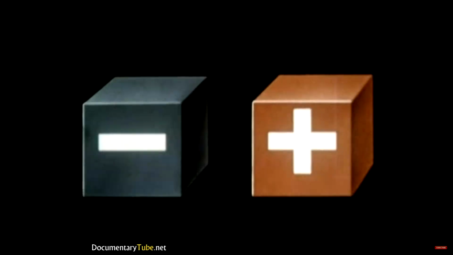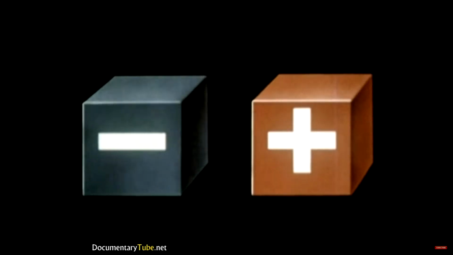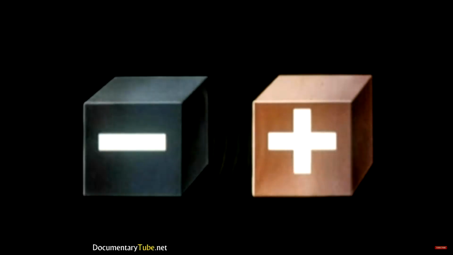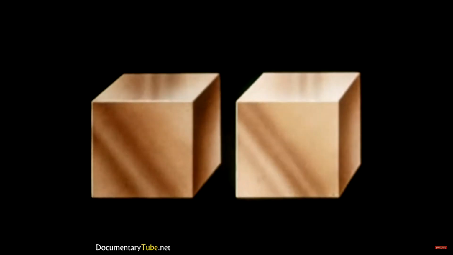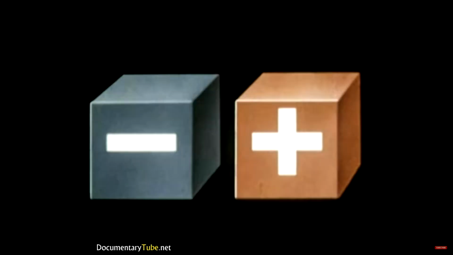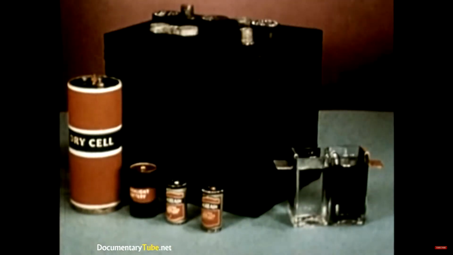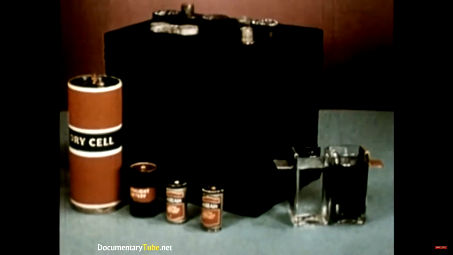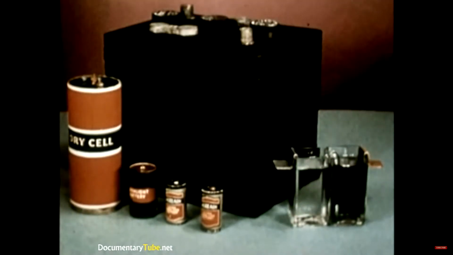The electrons always try to get from a negatively charged body to one that is positively charged in relation to it. And if they're brought together, the electrons will flow from one to the other until both objects are equally charged. The establishment of unbalanced charges in matter is, in all instances, the principle of the generation of electricity.